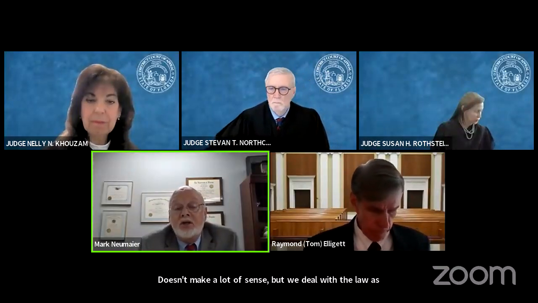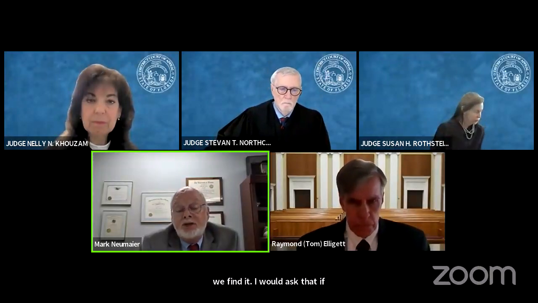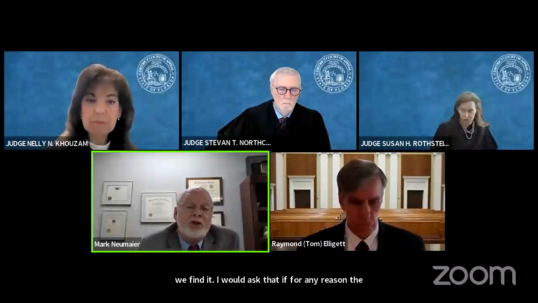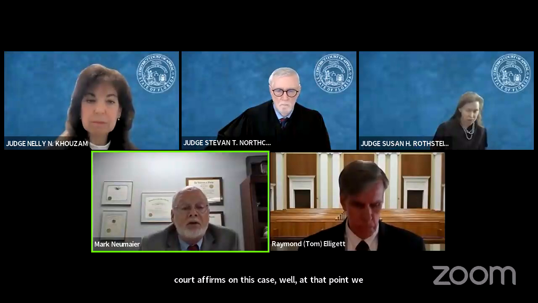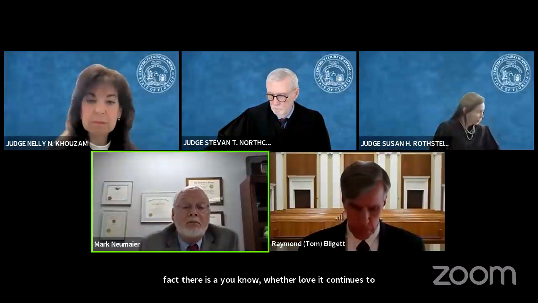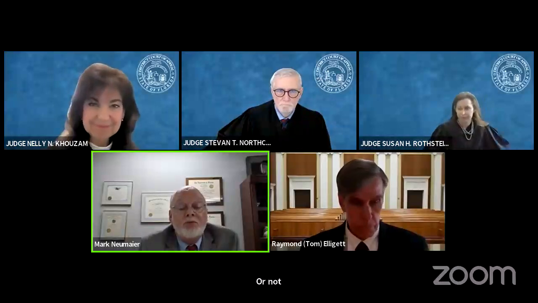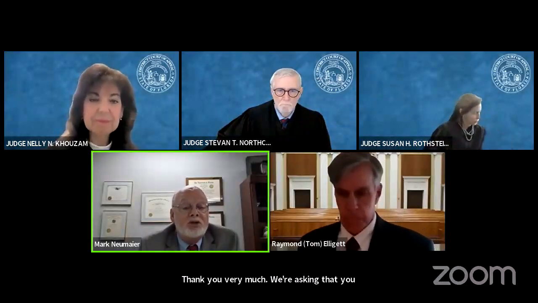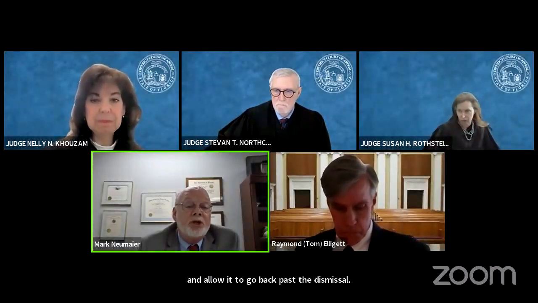I would ask that if for any reason the court affirms on this case, at that point, we would be asking the court to certify whether Lovett continues to be the law or not. Thank you very much. We're asking that you reverse this and allow it to go back past the dismissal stage to proceed to determination by the court.